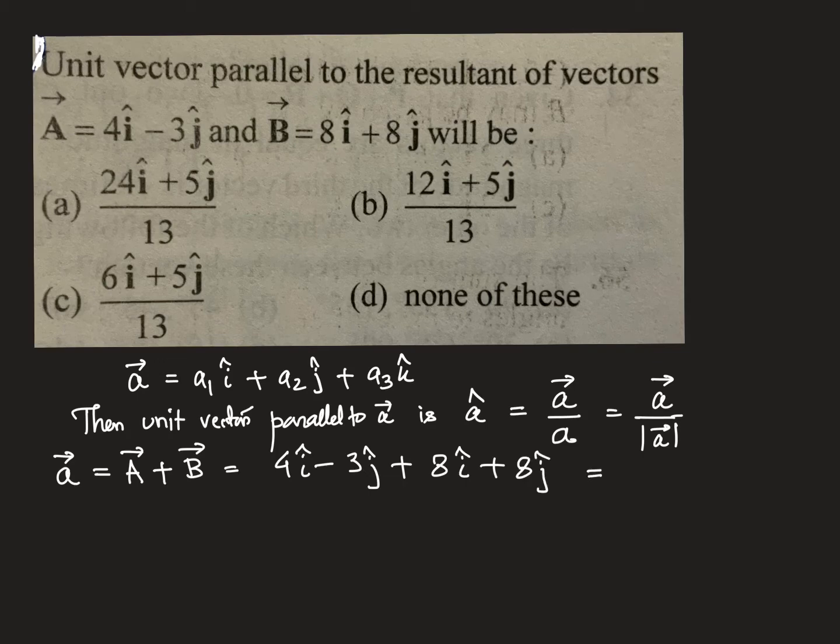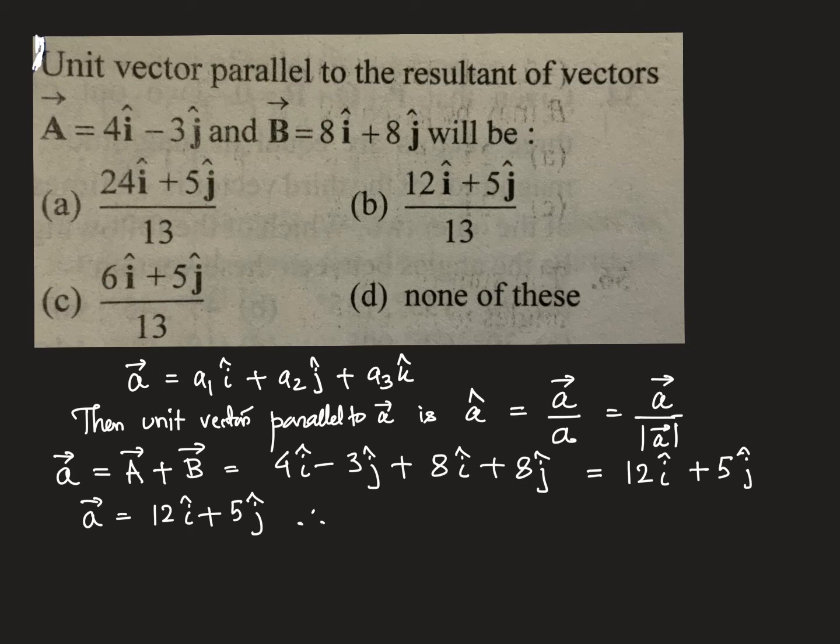You add the i cap and the j cap separately. So that becomes 12 i cap plus 5 j cap, right?